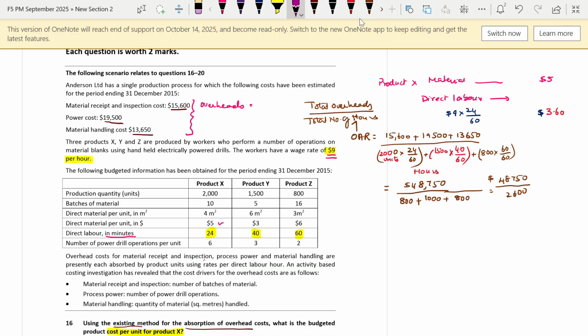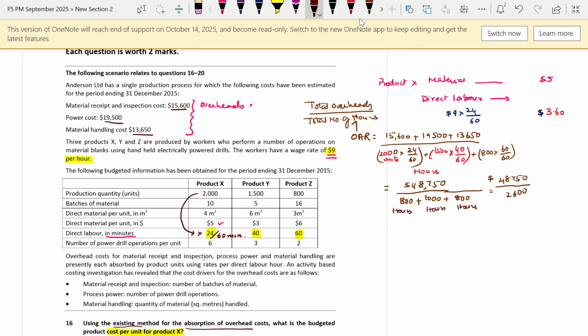Now, see what I am writing here. How many units are there? 2,000 units, divided by 60 minutes. It comes to 800 hours, 1,000 hours, 800 hours. Total value divided by hours.